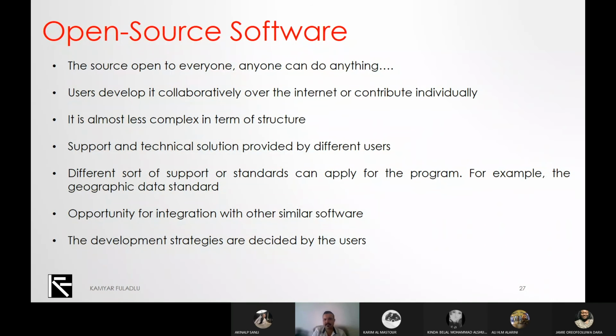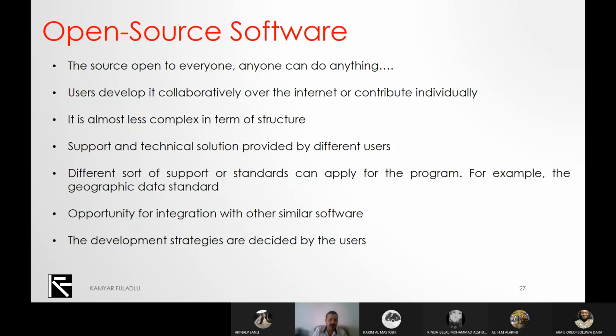They are less complex in terms of structure, and it is also open, and all the code is known. You can read and follow the structure of it. There are many people who can support and provide technical solutions. Even different users of it can help each other.